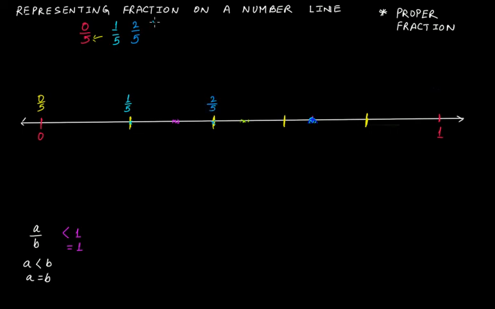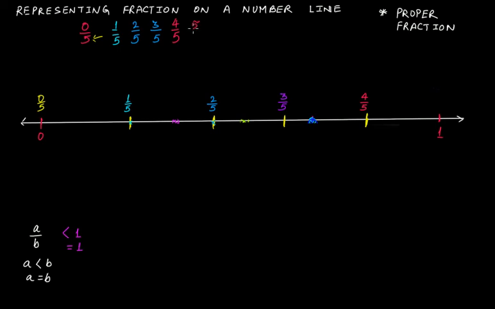What about 3 by 5? Third part out of the 5 total parts. So this will be 3 by 5. What about 4 by 5? This 4 by 5 is telling you to take 4 parts out of the total 5 parts. So this is 4 by 5.